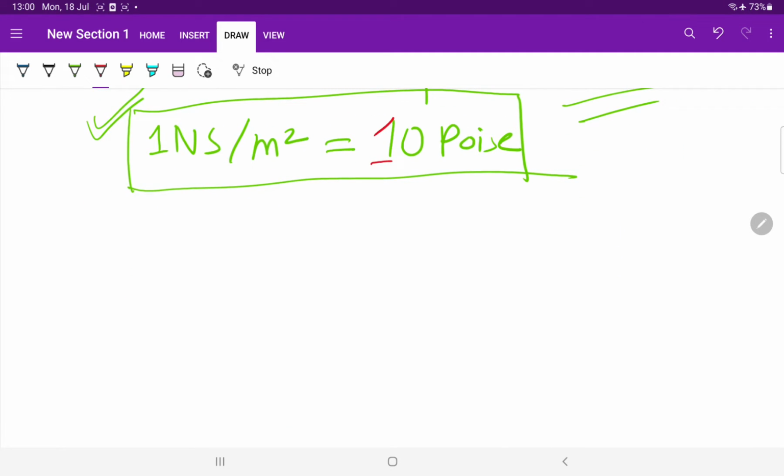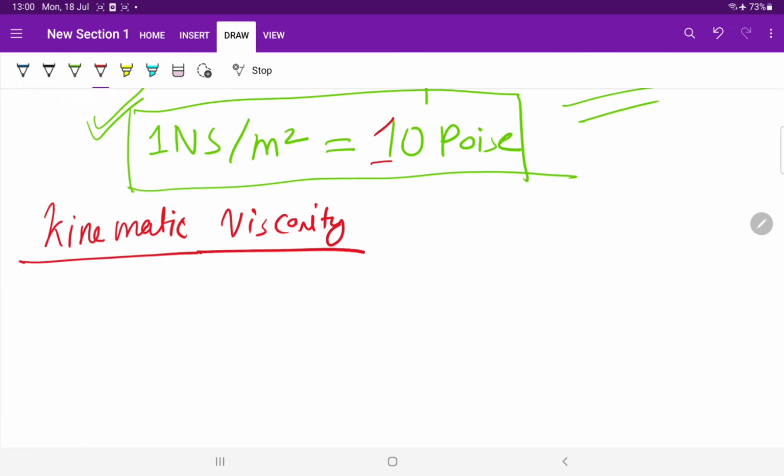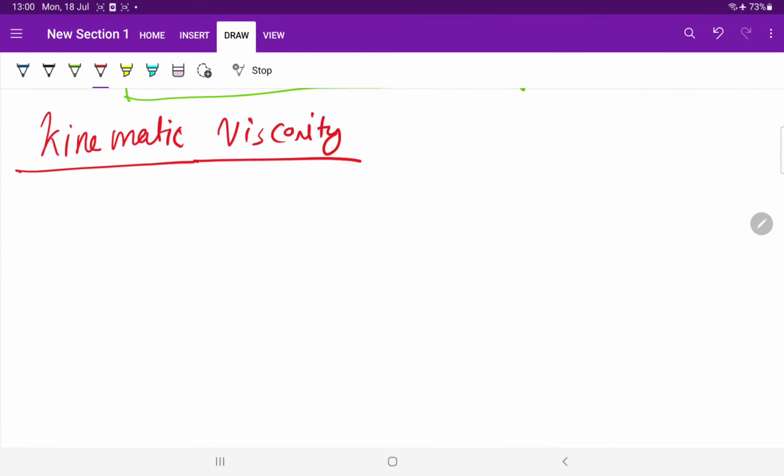So let's move forward and head over to kinematic viscosity. Right now we have only learned about viscosity. Now we will learn about kinematic viscosity and how to do the numericals. For doing the numericals, you have to know that kinematic viscosity is denoted by nu, and nu is equal to viscosity divided by density.